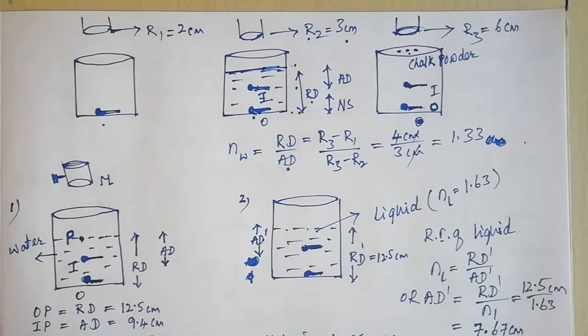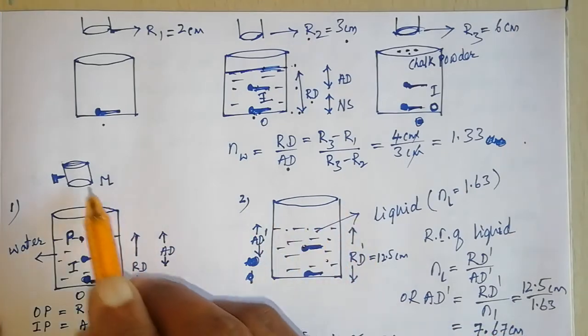Then the microscope has to be raised through some height once again to focus the needle when the vessel is filled with the liquid. The shift in the microscope is given by the apparent depth in the case of water minus the apparent depth in the case of the liquid: 9.4 minus 7.67, which comes out to be 1.73 centimeter.